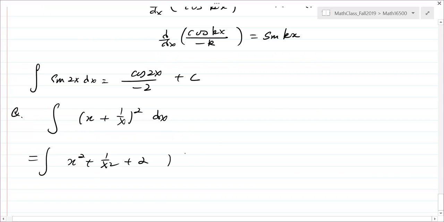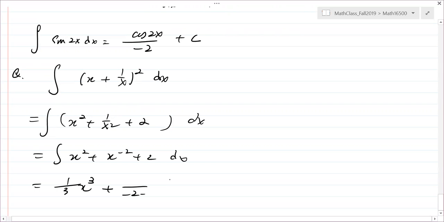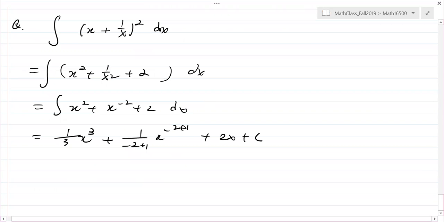That's what you got. And then it's a sum of power functions. You can also write it in this form. So the antiderivative of this will be that, plus x to the negative 2 plus 1 over negative 2 plus 1, and plus 2x plus a constant. Okay, so you will simplify.